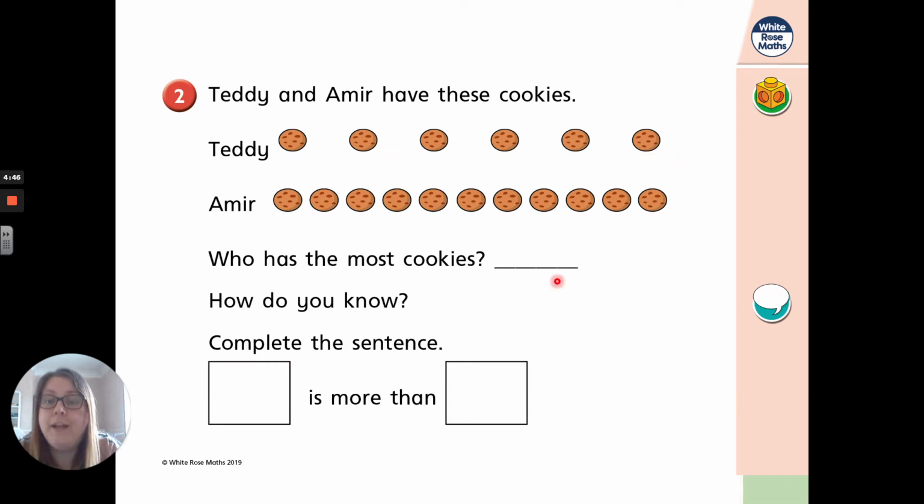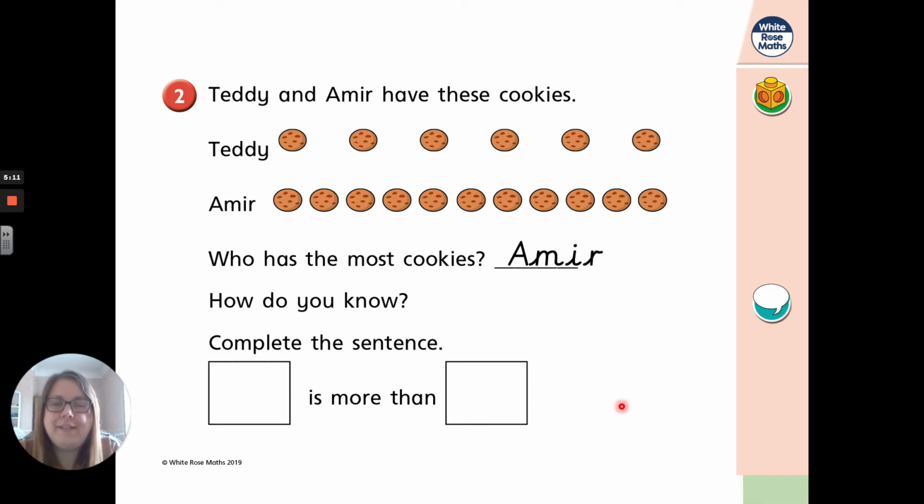So I'll say that again. Who has the most cookies? Is it Teddy or Amir? Write that down. How do you know? Explain your answer, either writing that down or saying that to a grown-up, and then complete the sentence. So have a go at that.